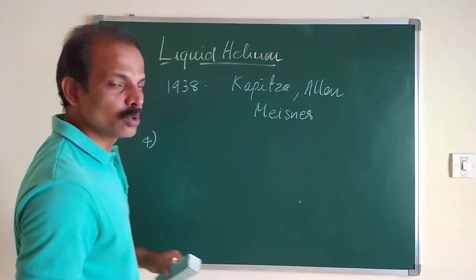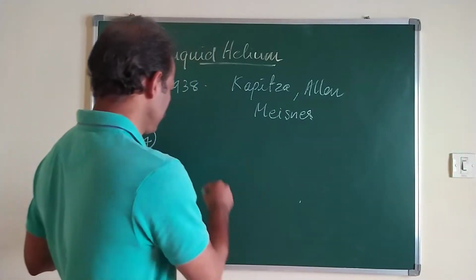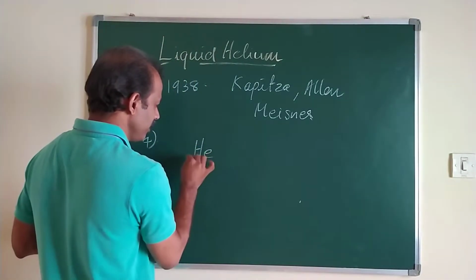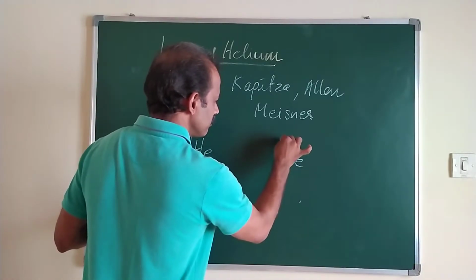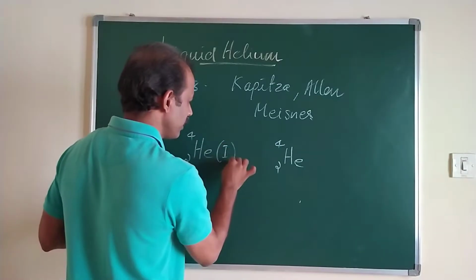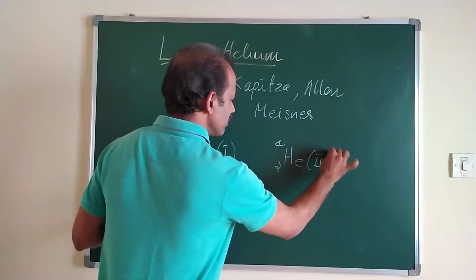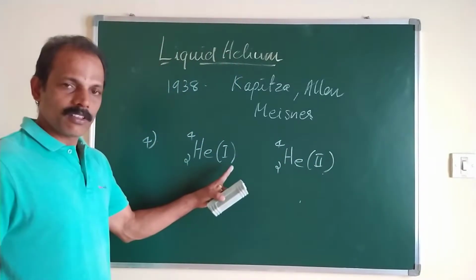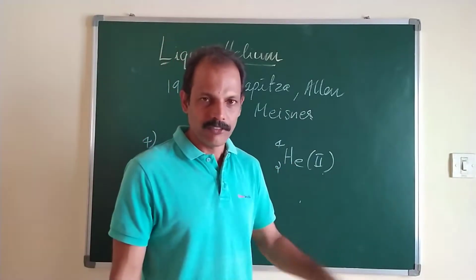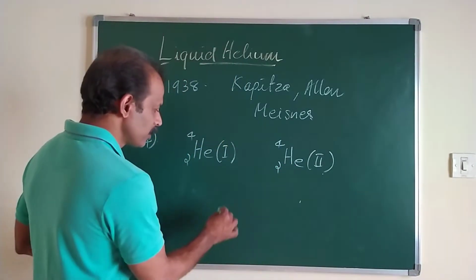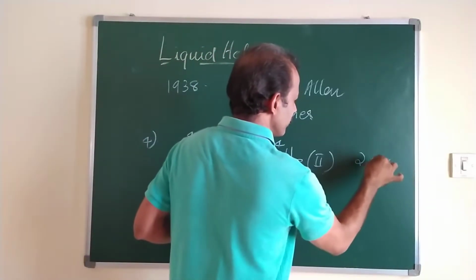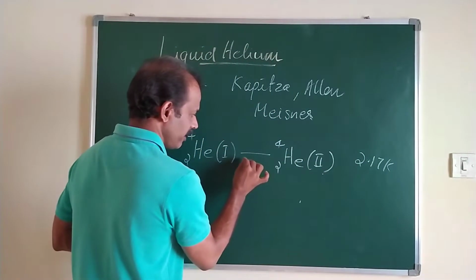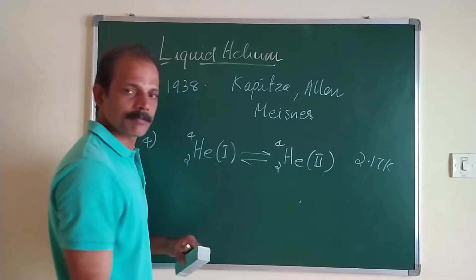Now helium 4 has two phases, helium 4 phase 1 and helium 4 phase 2. At 2.17 Kelvin, a phase transition happens.